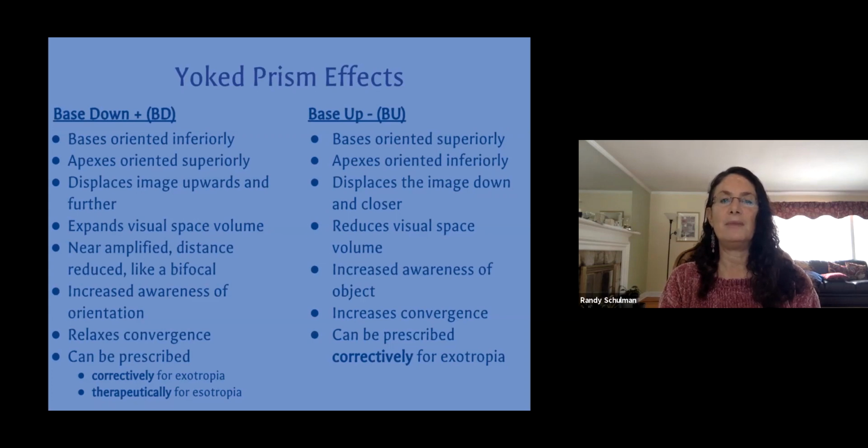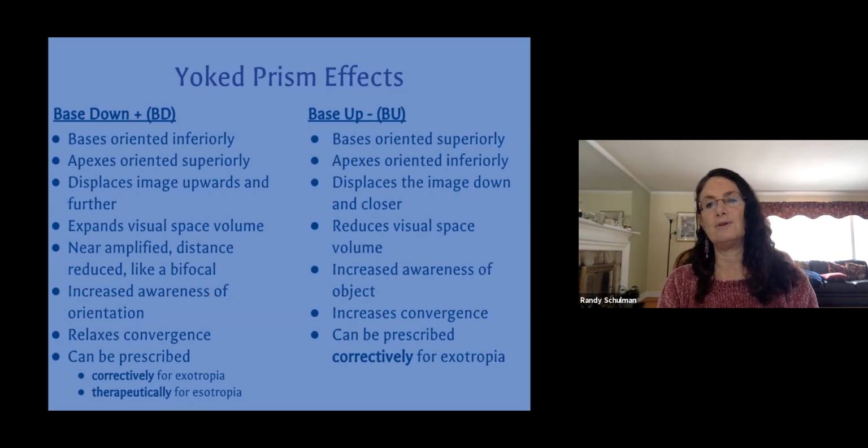It will amplify the near space as well, which is why you'll have that feeling of walking uphill. It will relax convergence, so I tend to use them therapeutically for esos. They can also be used correctively for exos. And then base up has the opposite effect, similar to a minus effect, where it's going to reduce and constrict the visual space. You'll have more of the focal attention.